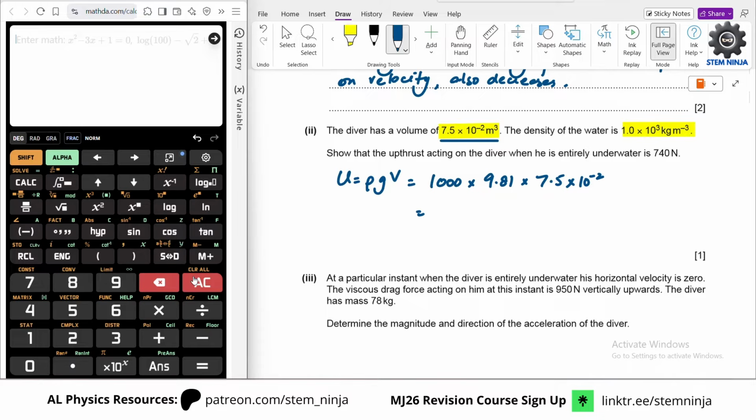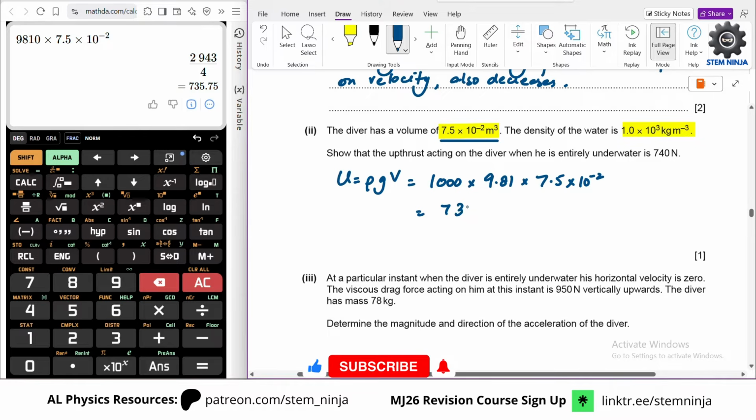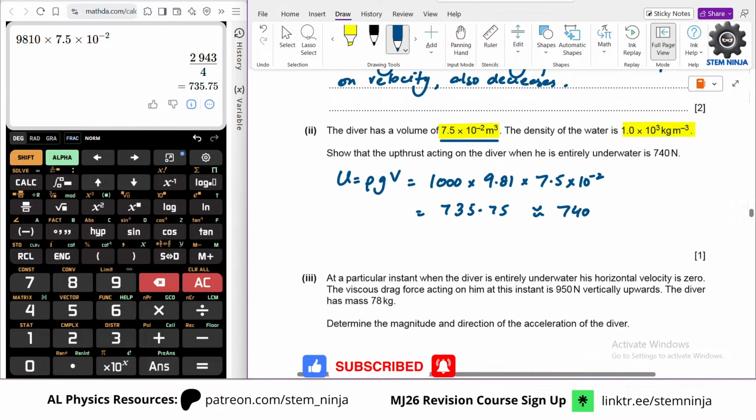So 9810 times 7.5 times 10 raised to the power minus 2 is 735, which can be approximated to 740 newtons.